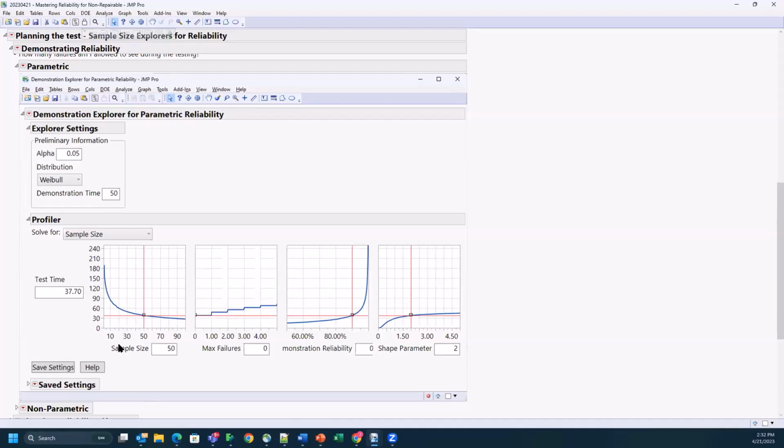Well, I'd have to test 50 samples for 37.7 thousand hours with 0 failures to demonstrate 90% reliability, assuming a Weibull distribution, 95% confidence, and the shape parameter applies to describing the Weibull function. If you want more information on that, let us know and we can get you more info.